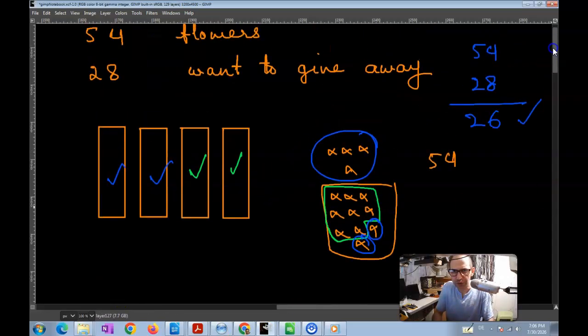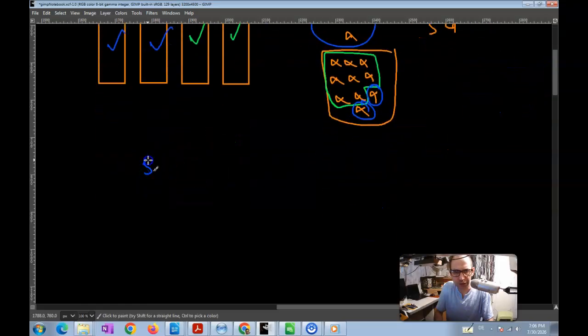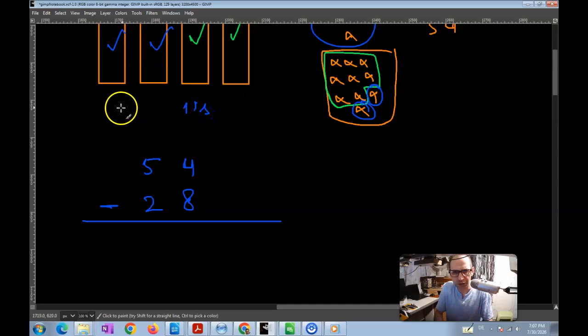The operation was 54 minus 28. This is subtraction, and this is the ones place value, and this is the tens place value. So I can draw this line over here. And what we did in the first place, we wanted to take 8 groups of 1 out of 4 groups of 1, which is of course not possible.